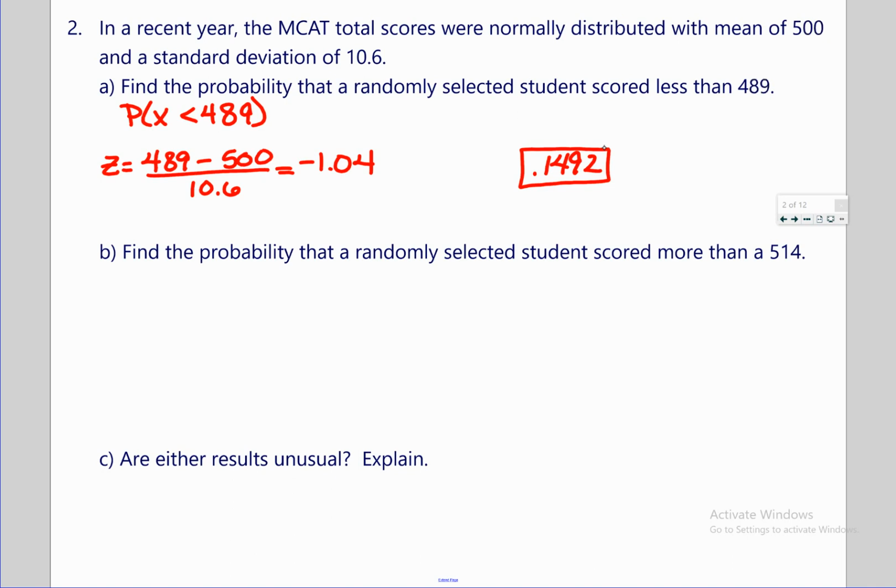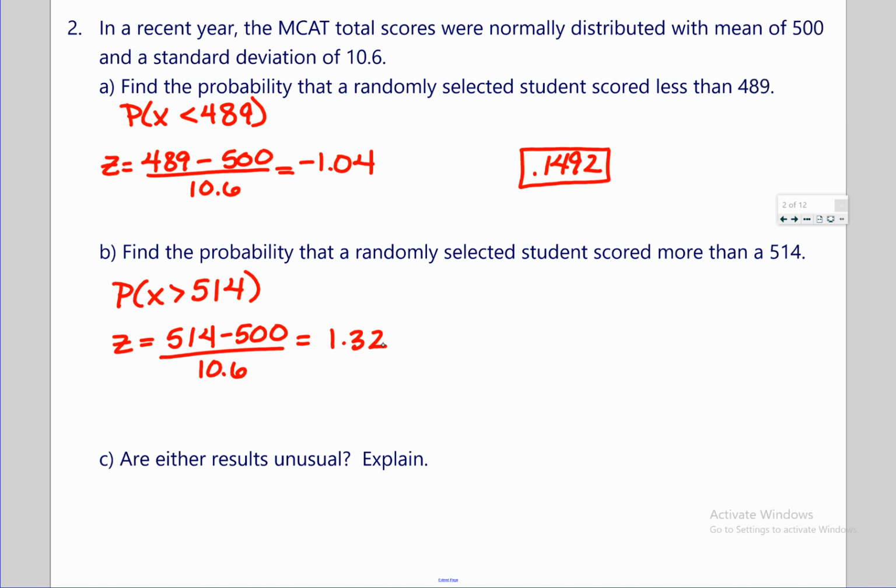Okay. Find the probability that a randomly selected student scored more than a 514. Again, transform it to a z-score. Subtract the mean, divide by the standard deviation. And I get 1.32.